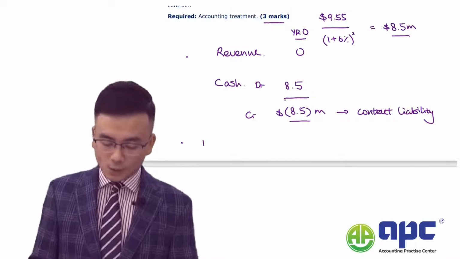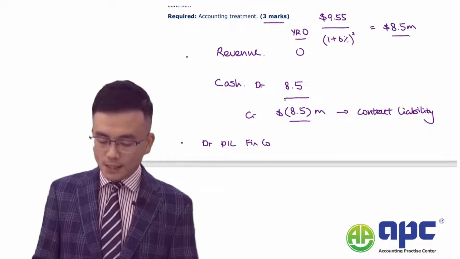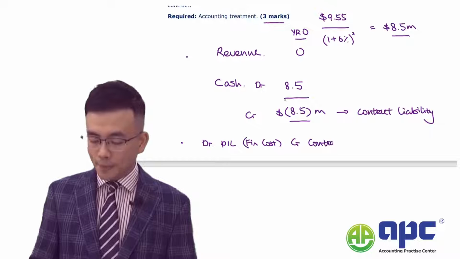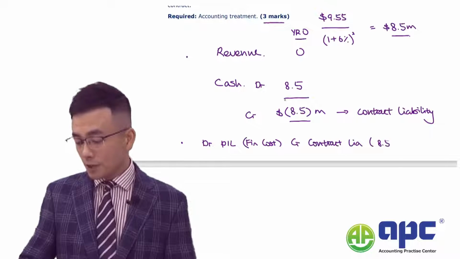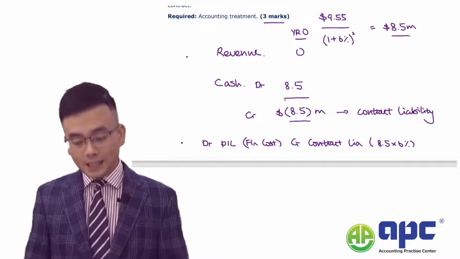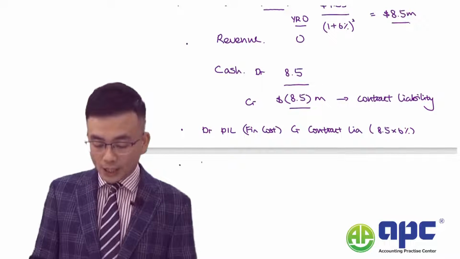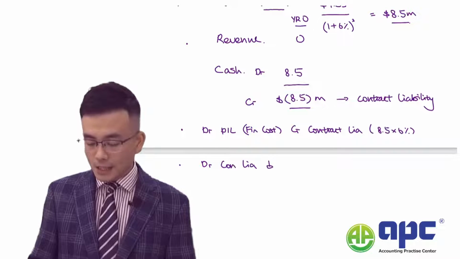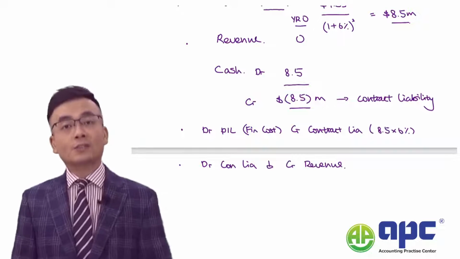So we'll need to debit P&L for the finance costs and increase the contract liability, for example, at the end of year 1, 8.5 times 6%. And for the final year that we complete the contract, we will then remove all the contract liability and put it into revenue. And that's all we need to do.